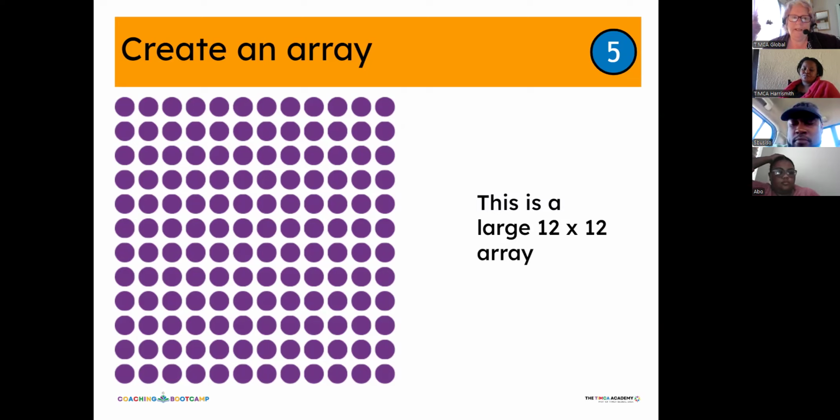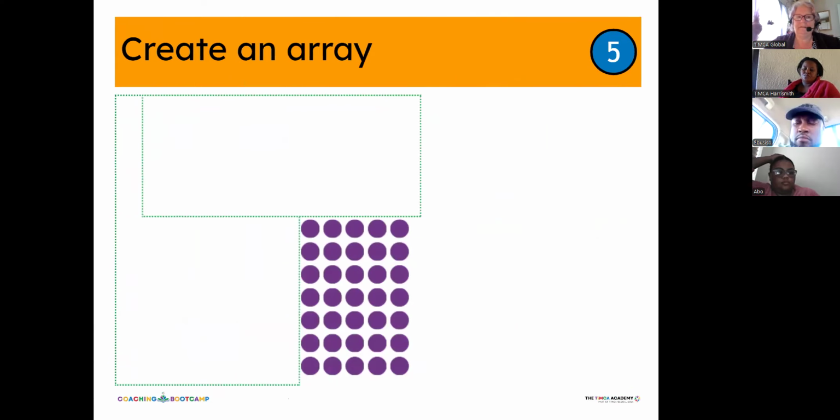Okay. So what we would do is we would give this to the children, or you could show it, you could demonstrate it. And then you cover part of it with pieces of paper, okay, to show a smaller array.